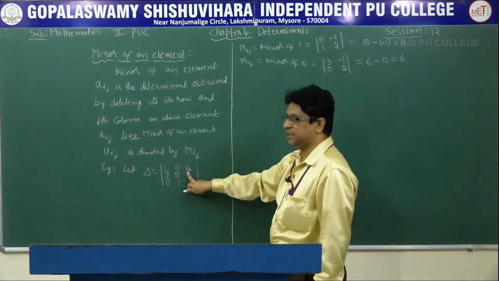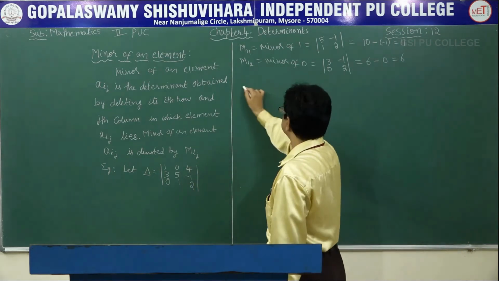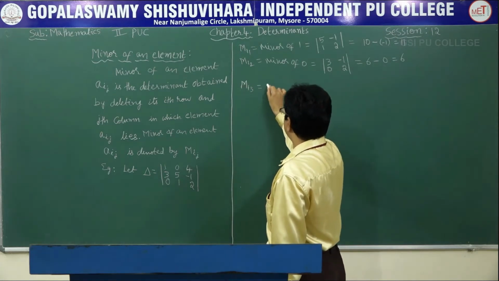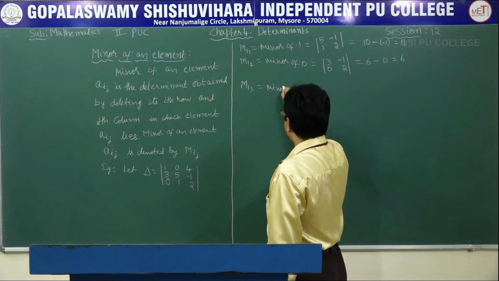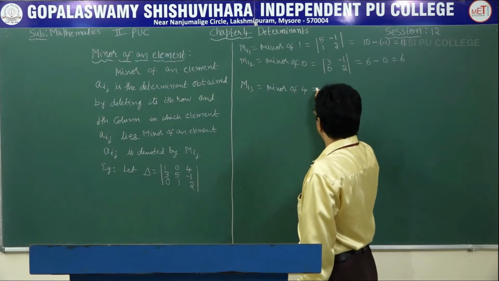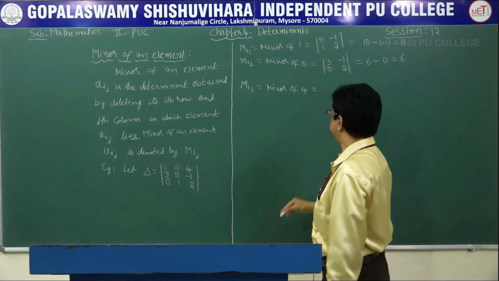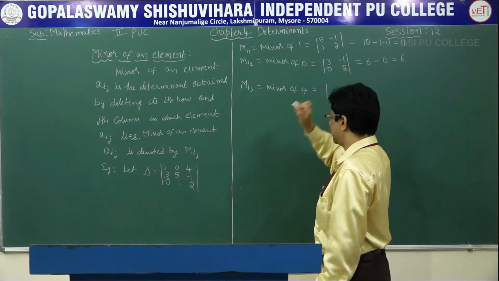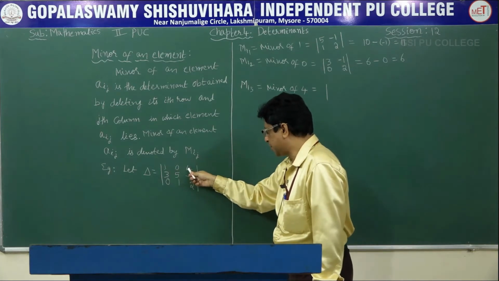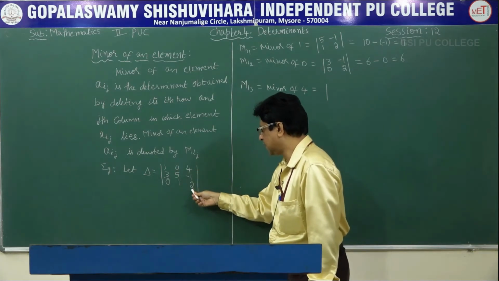Next we find the minor of 4, that is M13, which will be equal to determinant of. Here 4 lies in the first row and third column.